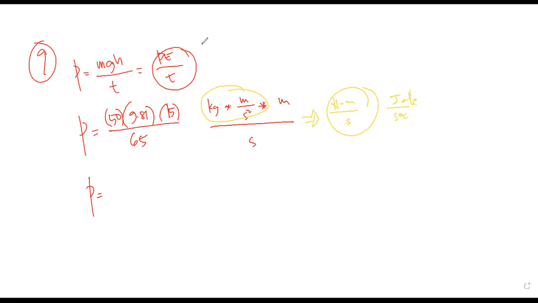Okay, so how are we going to approach this one? No? So that would be 50 times 9.81 times 15, so divided by 65. So this would be 113.2.